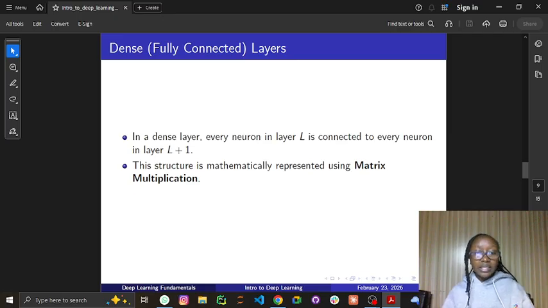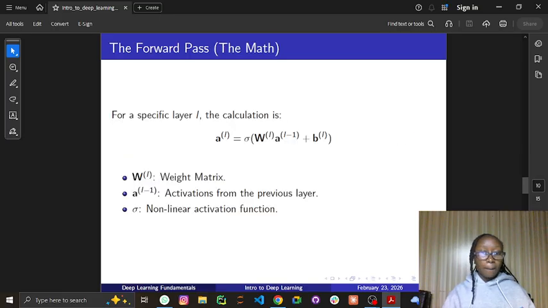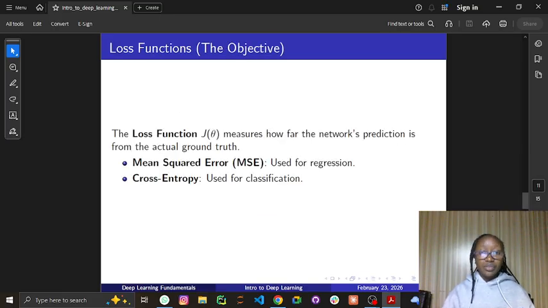To train it, we need three things: the loss function, the mean squared error, and the cross entropy. We shall look in depth at this, so don't worry. We'll start with the loss function. It is the grade, abbreviated as J theta, and it measures how far the network's prediction is from the actual ground truth.